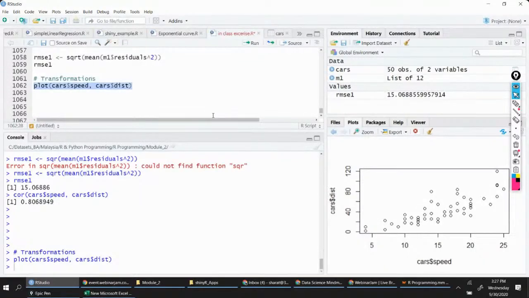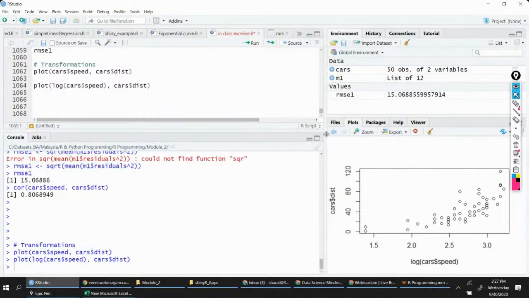Now transformation 1: I will try to alter the x-axis magnitude by, let's say, applying a log. You just take log of x value and then verify the relation with y.